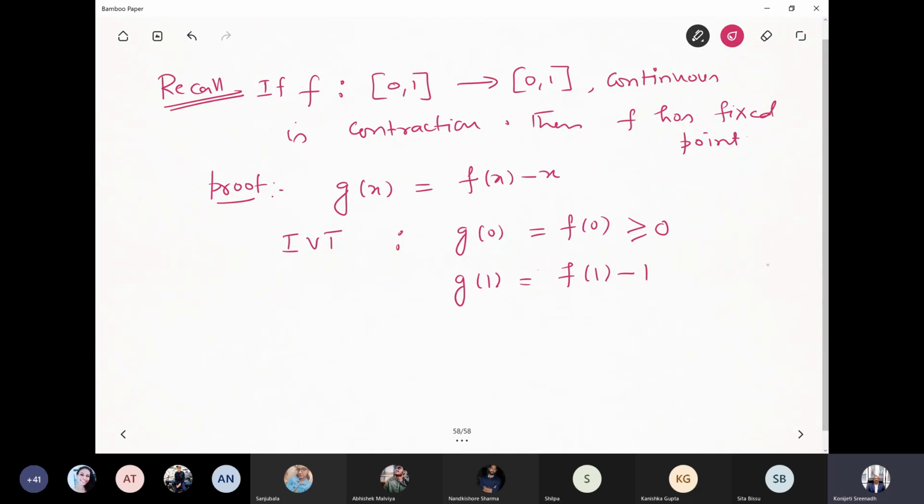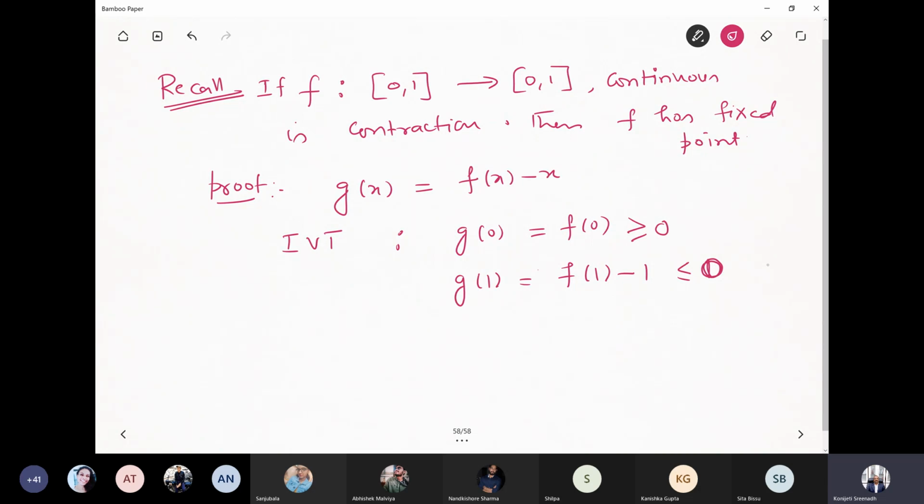And you see that f at 1 is less than or equal to 1, therefore this is less than or equal to 0. If g of 0 equals 0 or g at 1 equals 0, then you already see that there is a fixed point, right? f at 0 is 0 or f at 1 is 1. Therefore, we assume that g at 0 is greater than 0 and g at 1 is strictly less than 0.